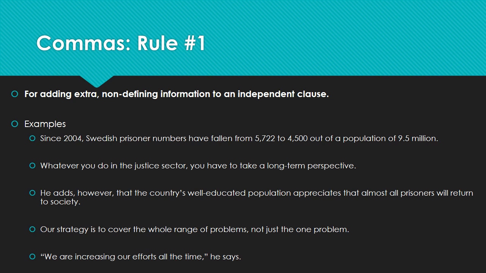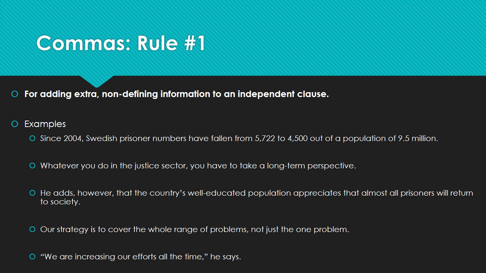Can you identify the dependent and independent clause within this sentence? The sentence begins with a dependent clause and time signal, since 2004. The rest of the sentence is our independent clause.